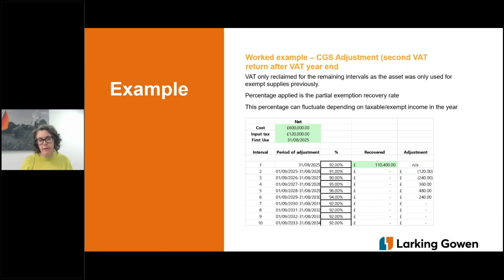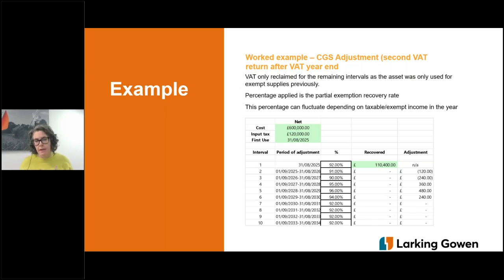So you can see in our example that our residual recovery rate has decreased from 92% to 91%, so a drop of 1% between 25 and 26. So we're then going to take 1/10 of the £120,000 we incurred on this item, and we're going to say, look, we've over recovered by 1%. We're going to pay back £120 to HMRC. So that £120 adjustment will go into the VAT return 2 more after the August year end.